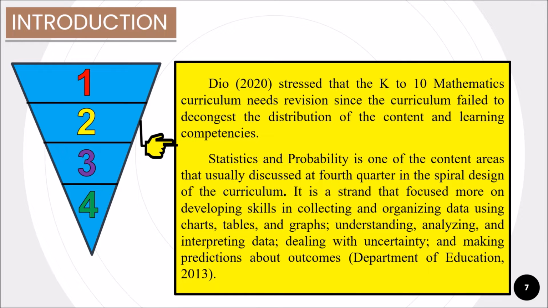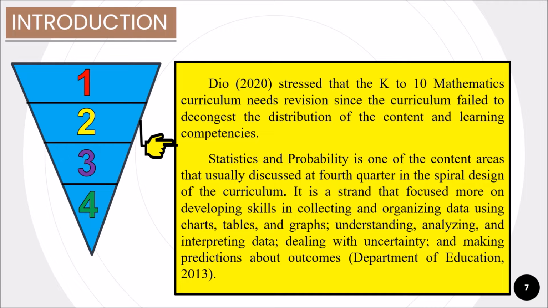In the Philippine K-10 mathematics curriculum, there are many challenges that Filipino mathematics teachers are facing when it comes to the teaching of statistics. Joe 2020 stressed that the K-10 mathematics curriculum needs revision since the curriculum failed to decongest the distribution of the content and learning competencies.